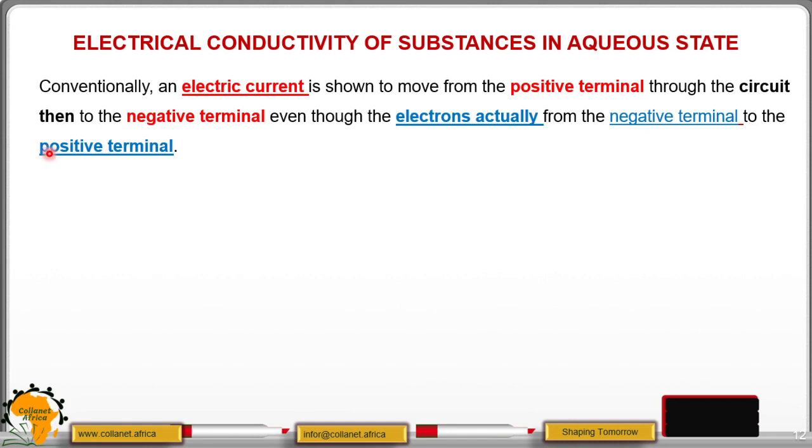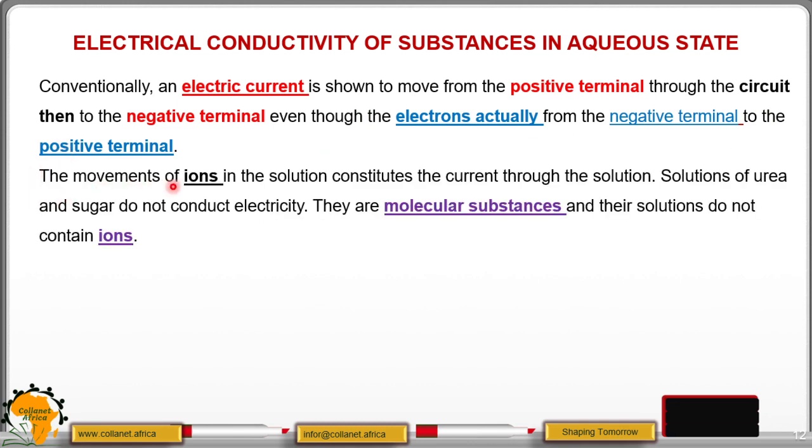I think this is clearly shown in the previous diagram, where the current is shown to move from the positive terminal of the battery through the circuit, then to the negative terminal. The electrons actually go from the negative terminal to the external circuit, then back to the positive terminal. The movement of ions in the solution constitutes the current through the solution.